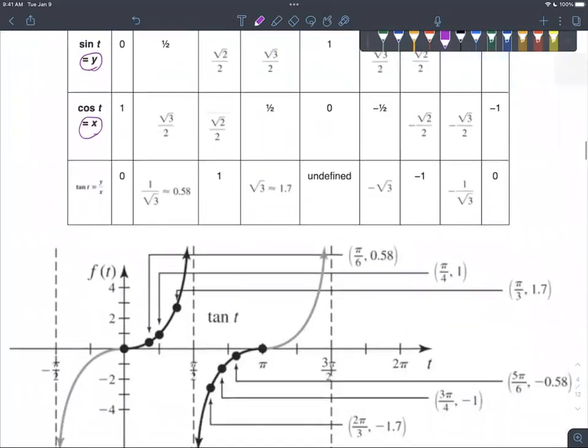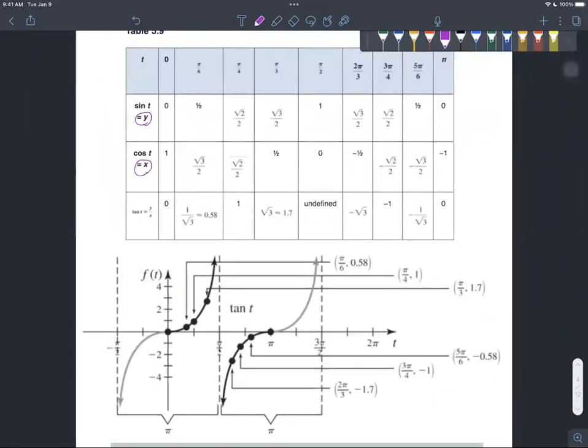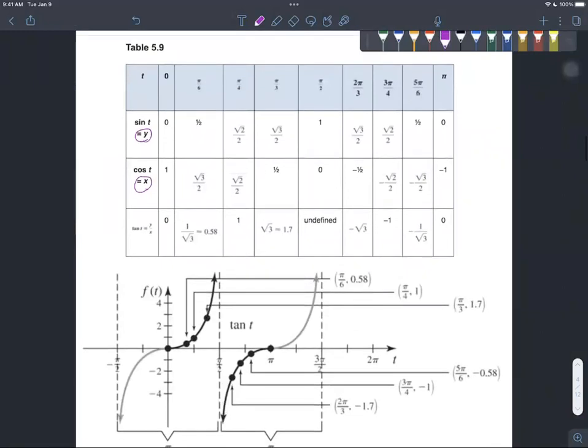I'm not actually going to walk through them. I'm going to give a couple of special points. What happens at pi over 2? Sine has a value of 1, cosine has a value of 0, so tangent is 1 divided by 0, which is undefined. So at pi over 2, we have a vertical asymptote, and the tangent function is not defined there.